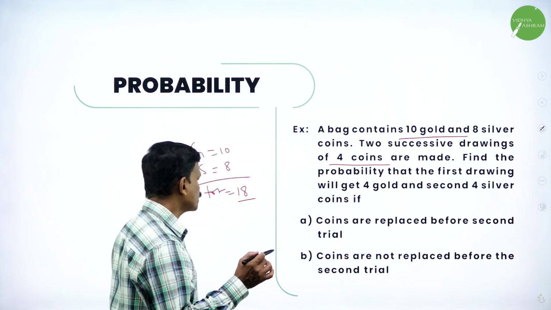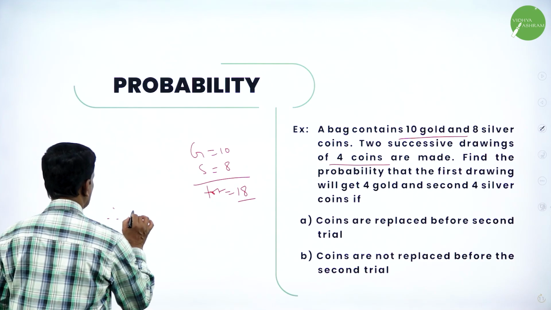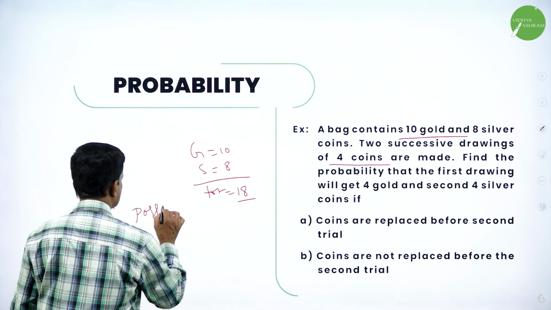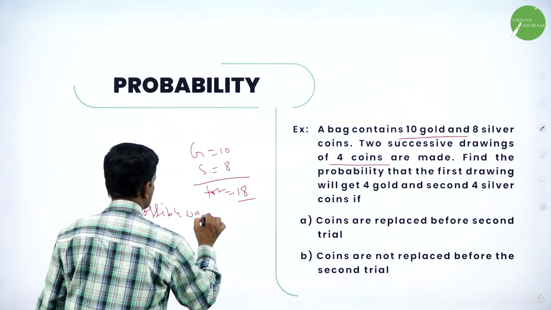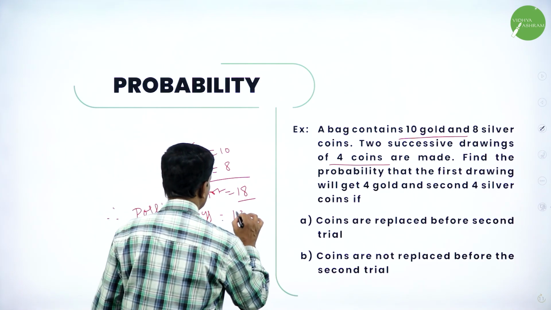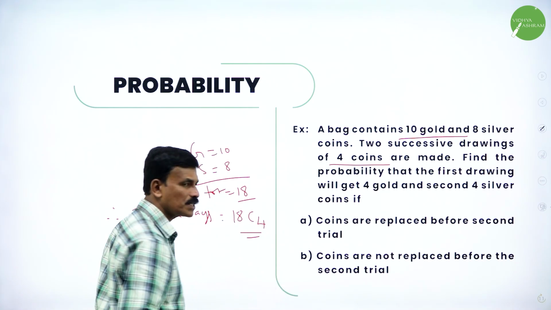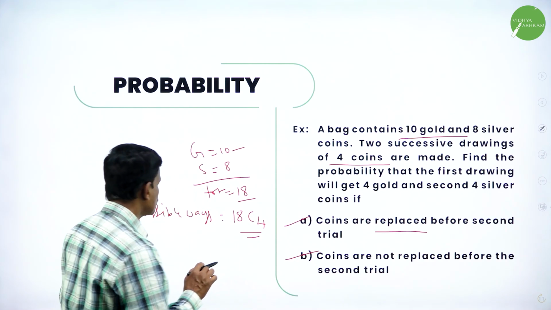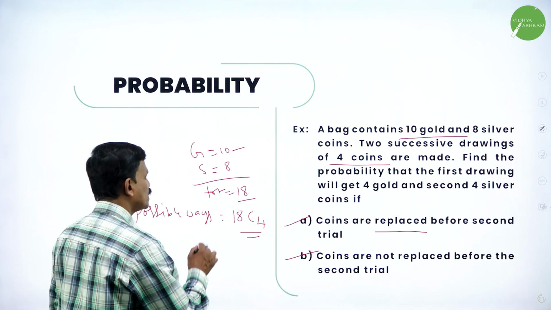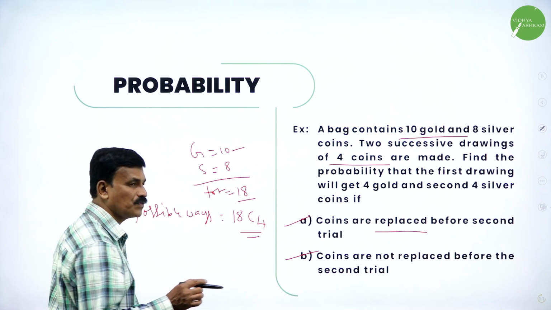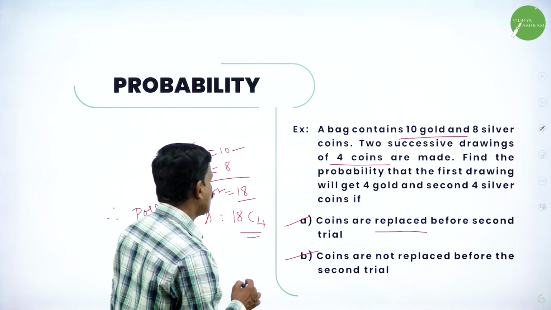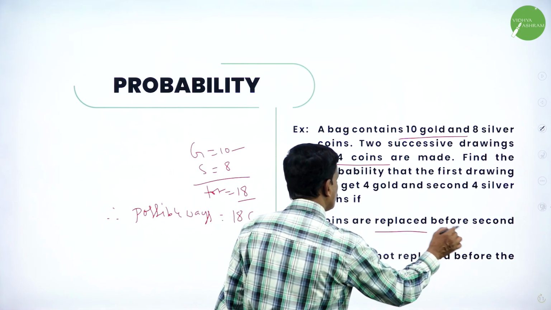So the total possible ways is equal to 18C4. This is the possible ways, right? The number of sample space is 18C4. Now move on to the first one. Coins are replaced before the second trial.